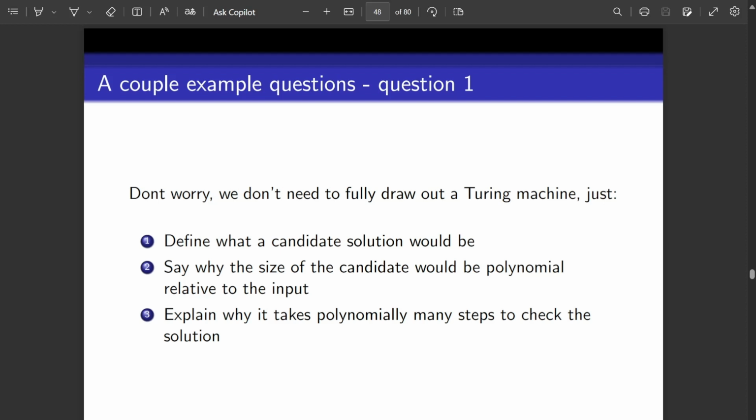No. This new question, we're explaining why the intersection of two problems in NP is also in NP.